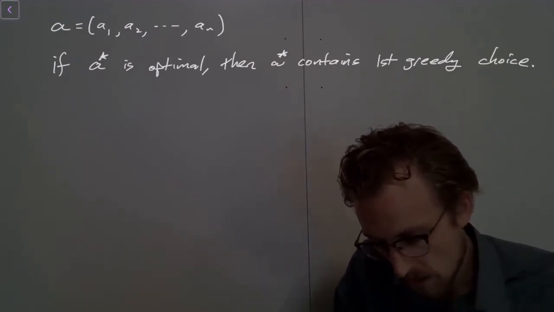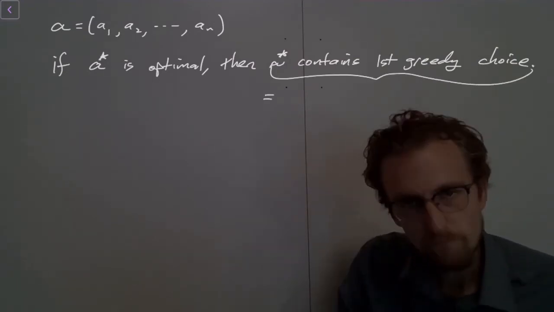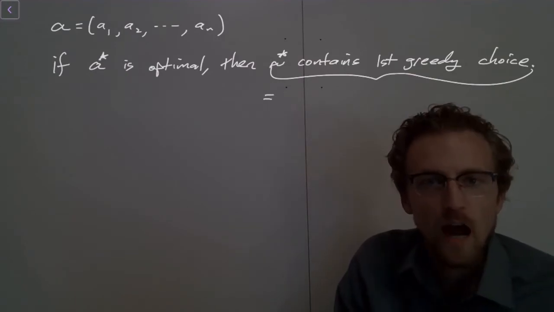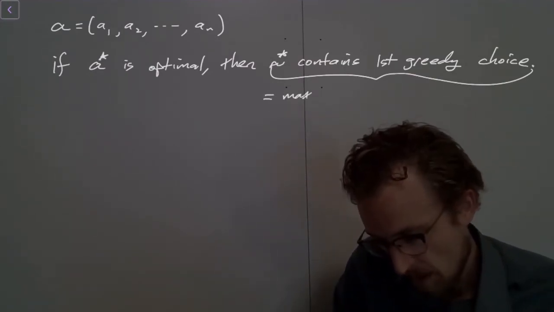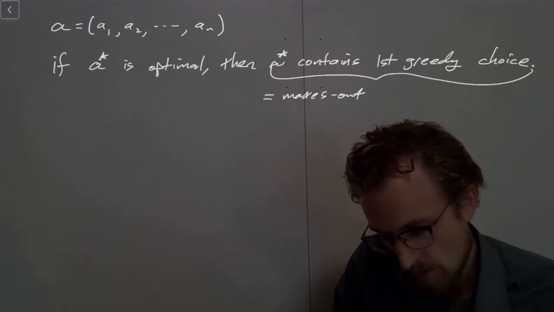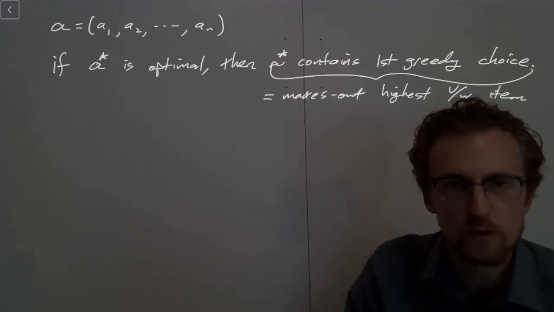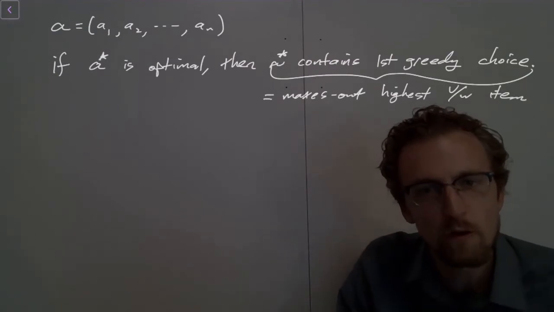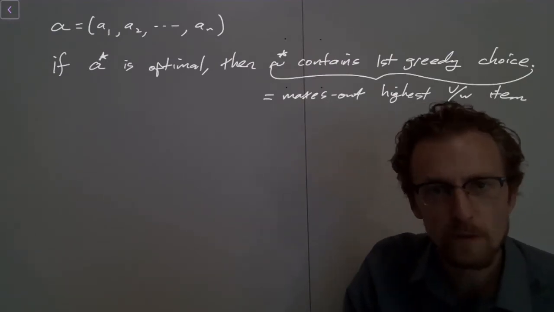So containing the first greedy choice means it maxes out the highest V per W item. The first thing the greedy algorithm does is it says, what thing gets me the most bang for my buck? Let me take as much of that as I can.